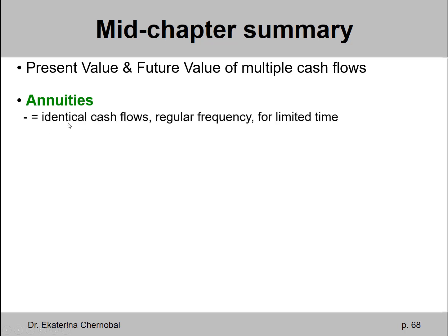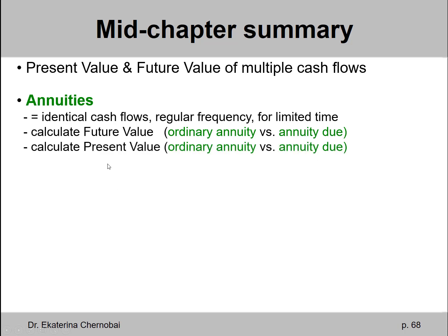An annuity is defined as identical cash flows, regular frequency for a limited amount of time. We looked at how to find the future value of an annuity for an ordinary case and annuity due case. Then we looked at how to find the present value of an annuity, ordinary annuity versus annuity due.